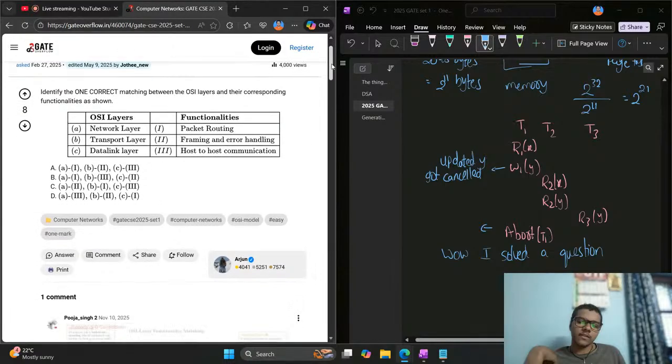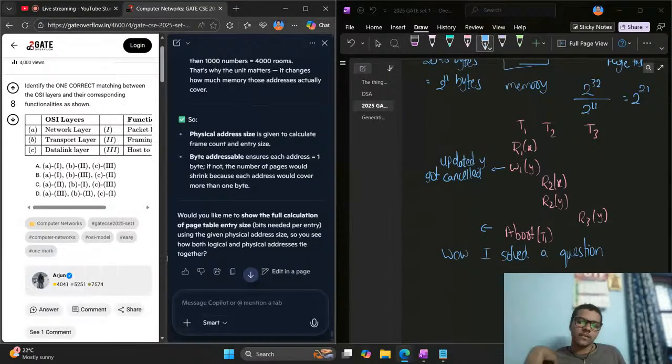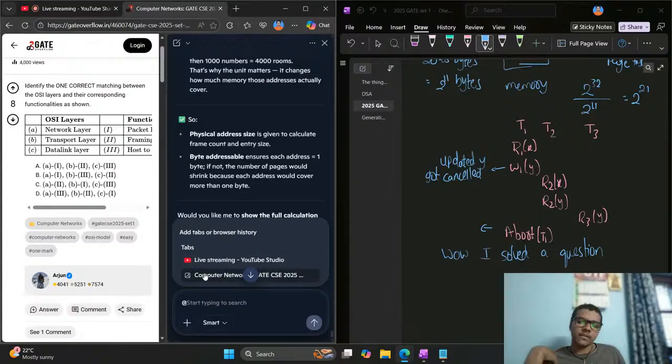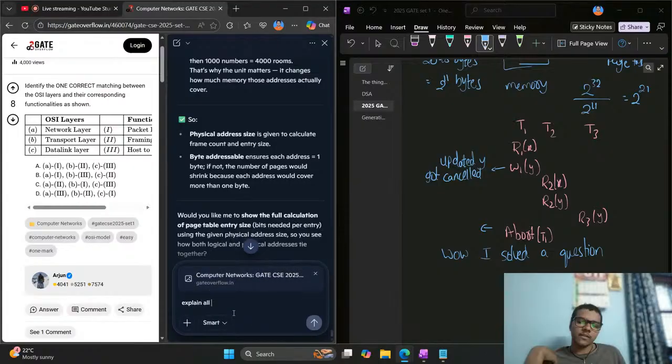Identify the correct matching between the OSI layers and the corresponding functionalities. OSI, open source interconnection, right? Okay, this should be an easy one. It has 7 layers, right? Explain all the layers with the functionalities, please.